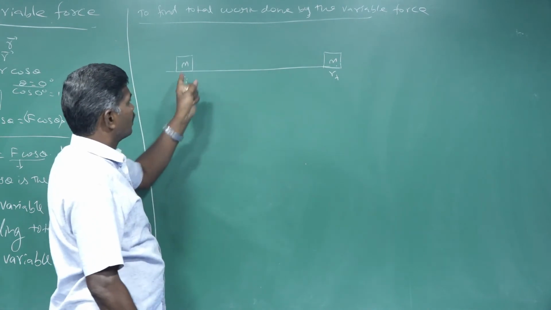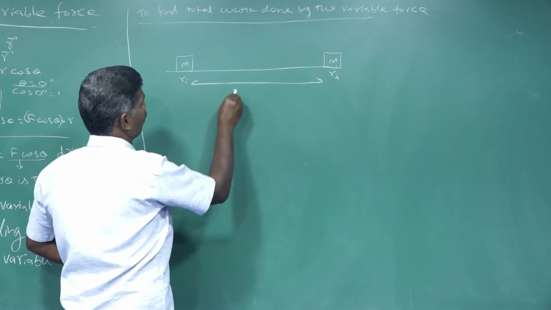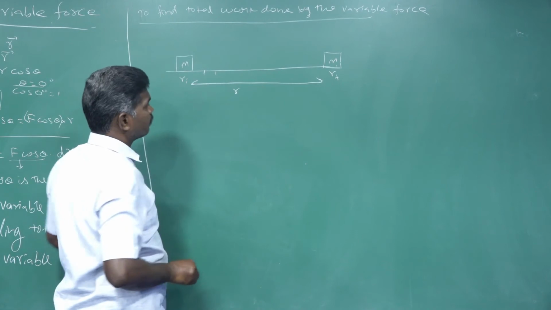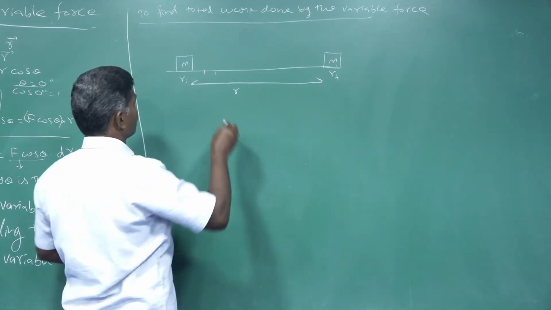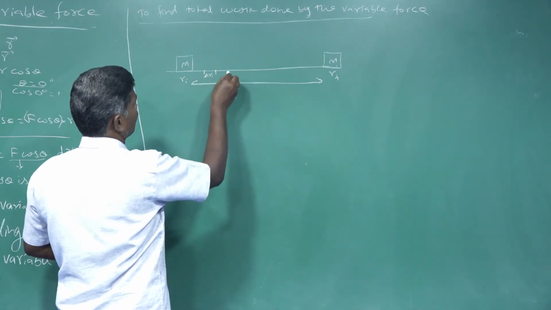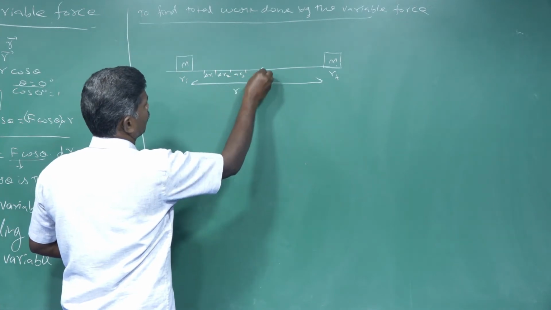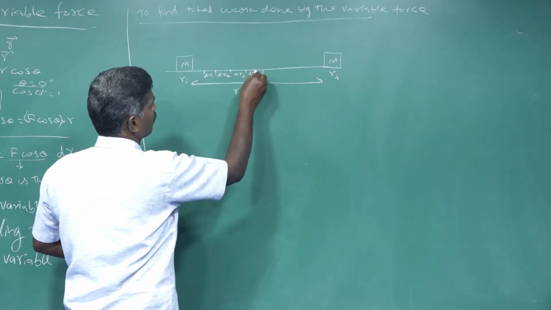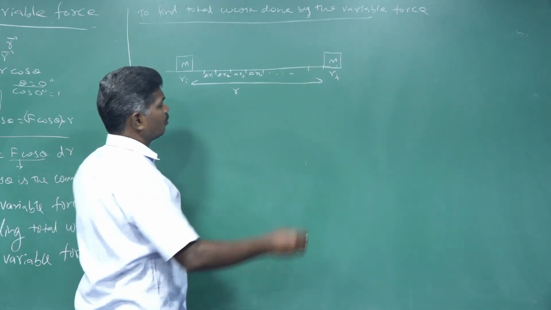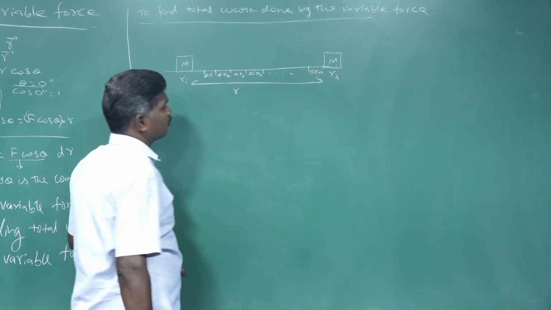The total displacement between them is taken as R. We split it into many parts, that can be taken as del R1, del R2, del R3, del R4, and so on up to n parts, del Rn.